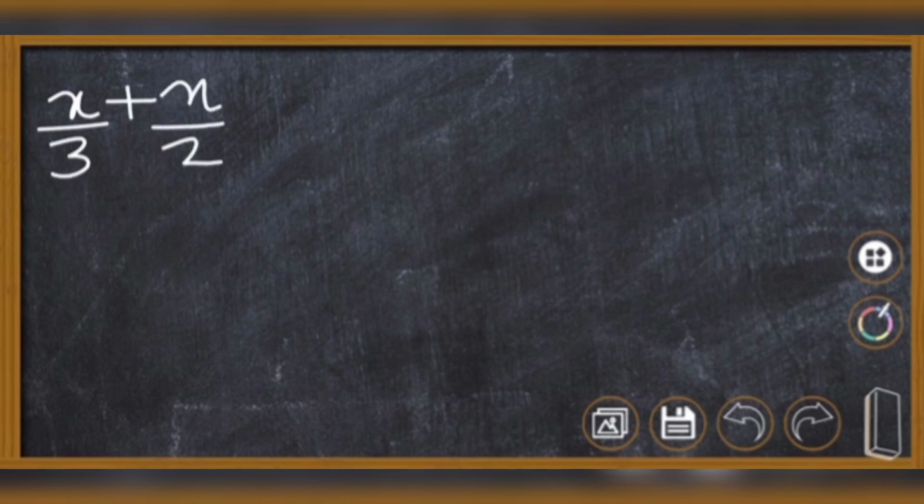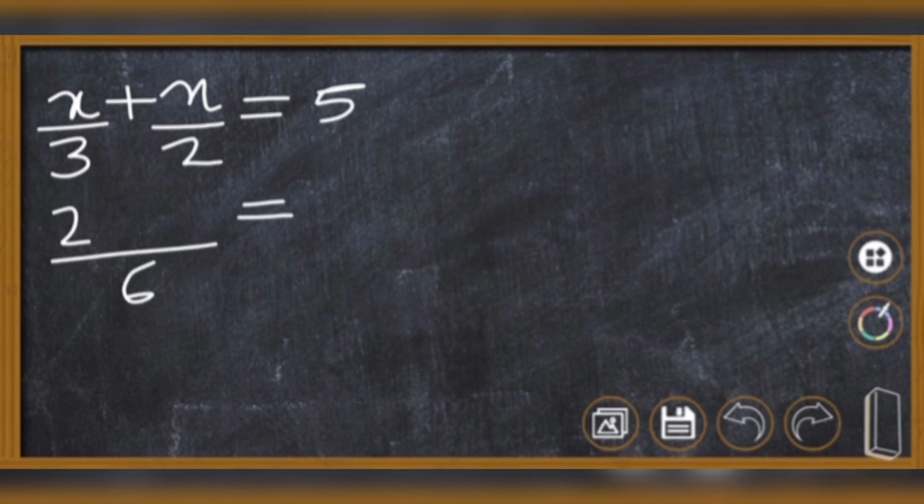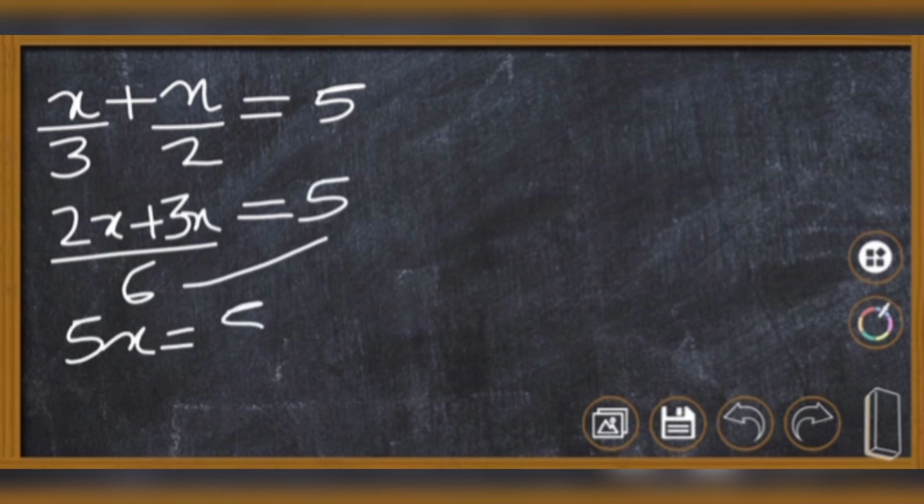Okay, so we got an equation, x by 3 plus x by 2 is equal to 5. Now what is LCM? 6. 2x plus 3x is equal to 5, that is 5x. 5x is equal to 5 into 6. 5 and 5 gets cancelled and x is equal to 6.